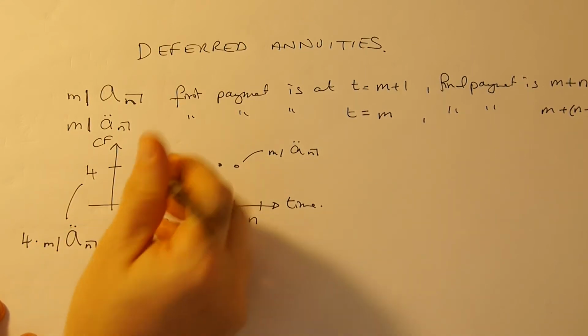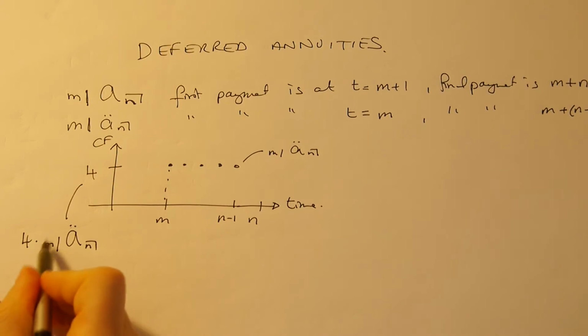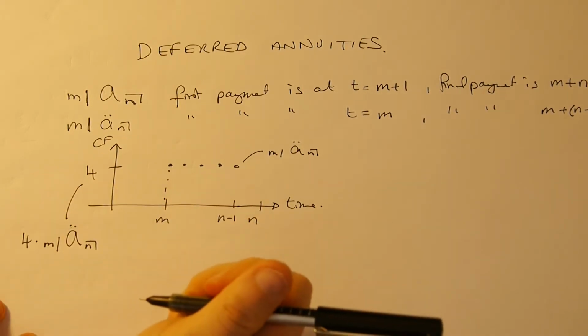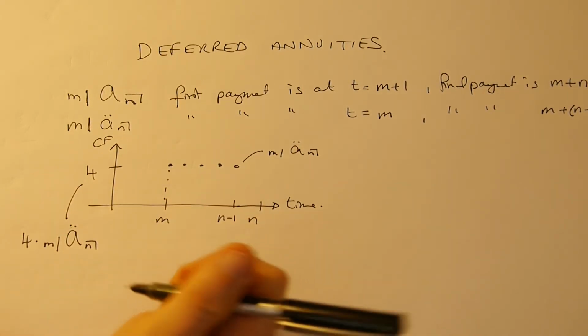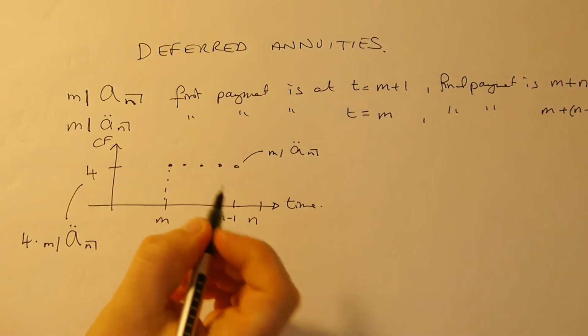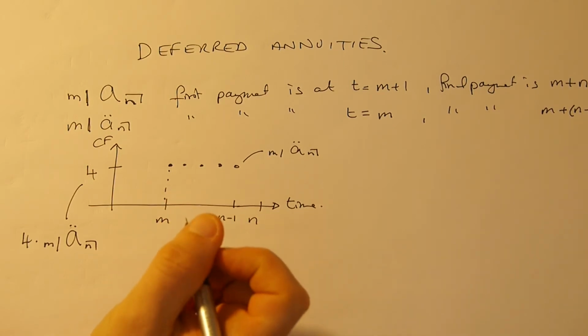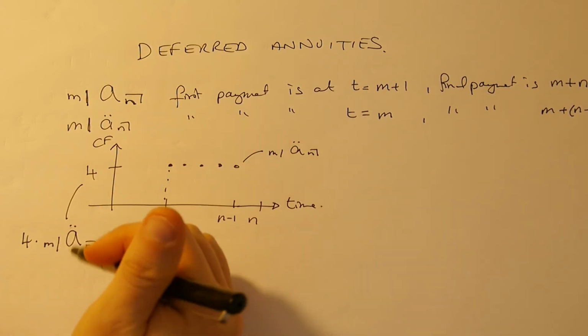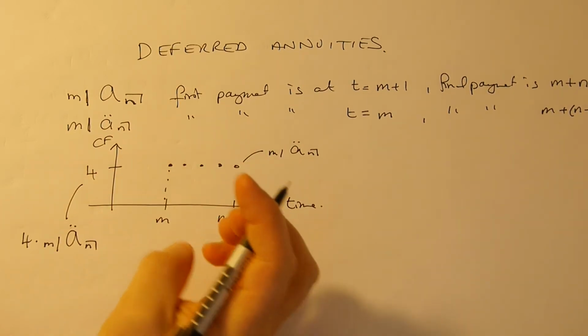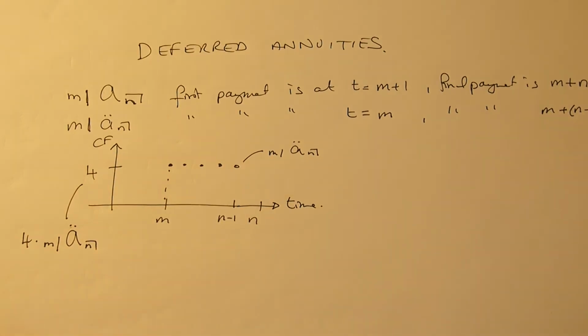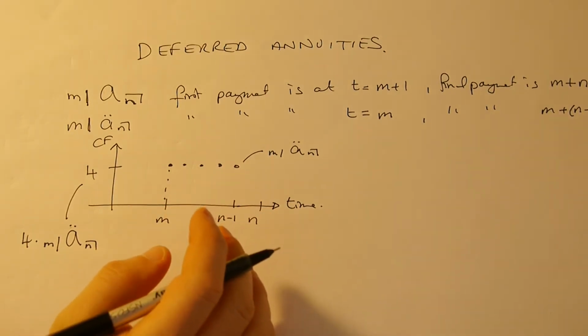If you remember, this is an advanced annuity, so it starts at time m. So just watch out for that a little bit in exam questions. It won't be written in that way to trick you, but it should be clear. However, be careful.